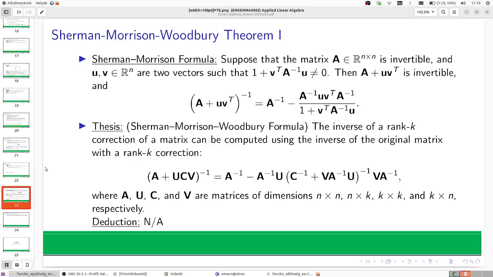Okay, very interesting, this theorem, because it's not a theorem, it's called a formula. And actually, this formula is deduced from something else, which is very good.